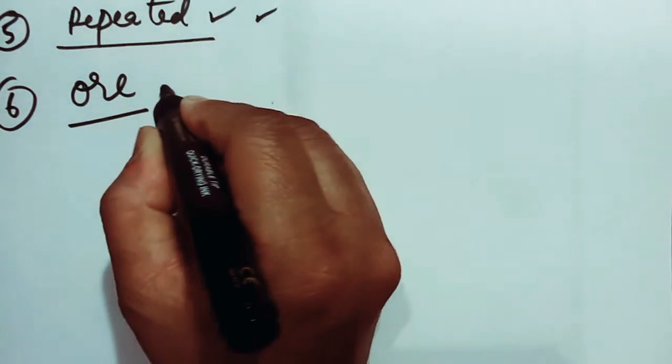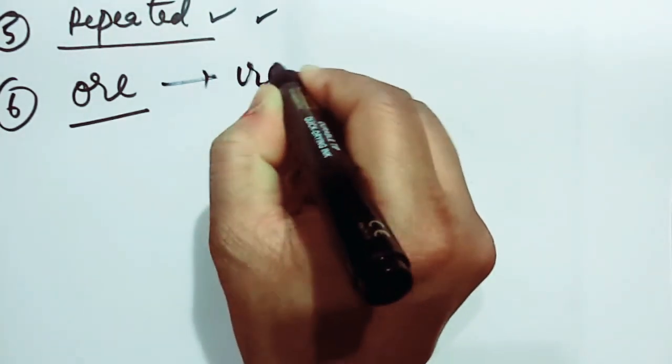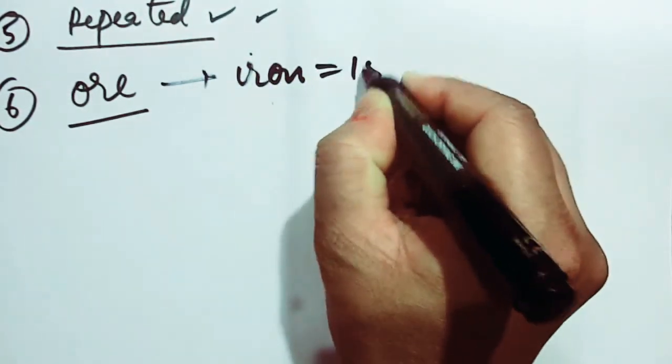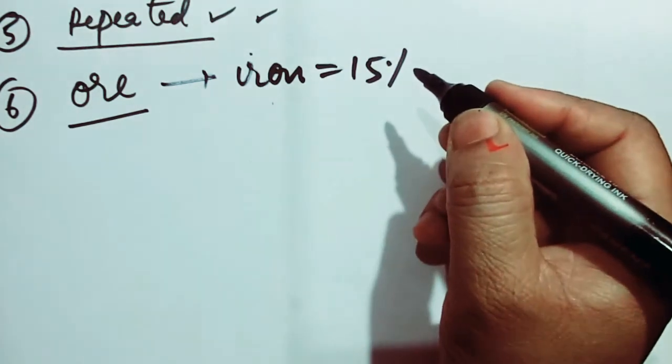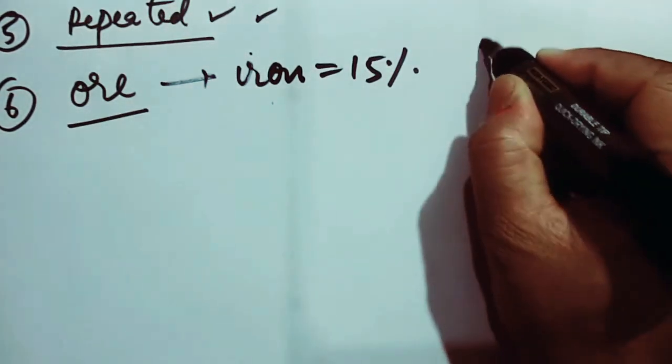Ore is something from which minerals can be extracted profitably in large amounts. So here iron is equal to 15%. How much ore will be required to get 36 kg of iron?